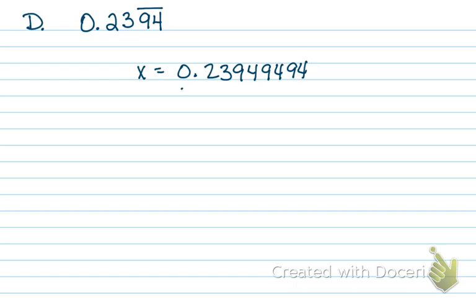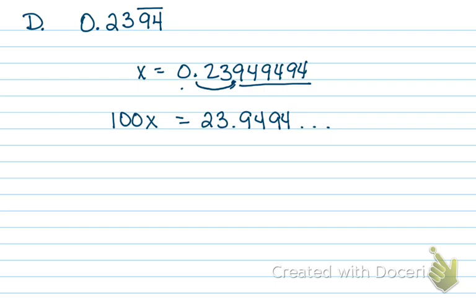Well, we want to get this decimal to move over so that just the repeating part is after the decimal. So if we think about what we're doing here, is we moved this one over 2 spots. So 2 spots is 100x. 100x is equal to 23.9494, etc. Now we have to come up with another piece that we can move over to get it enough to subtract out.